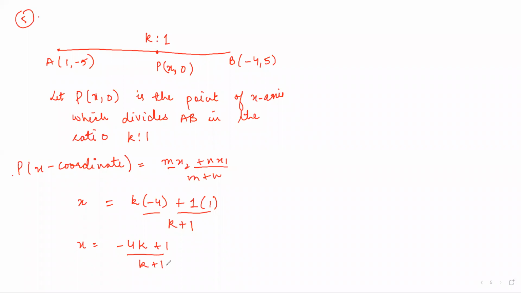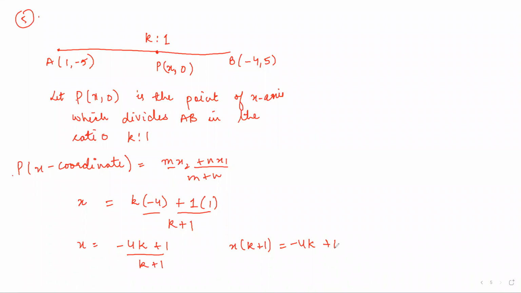So can you solve it, Azan, to find the value of k? You cannot solve it, right? Because if we take k plus 1 to the x side, x times (k plus 1) is equal to minus 4k plus 1, and you will get the value of k in terms of x.